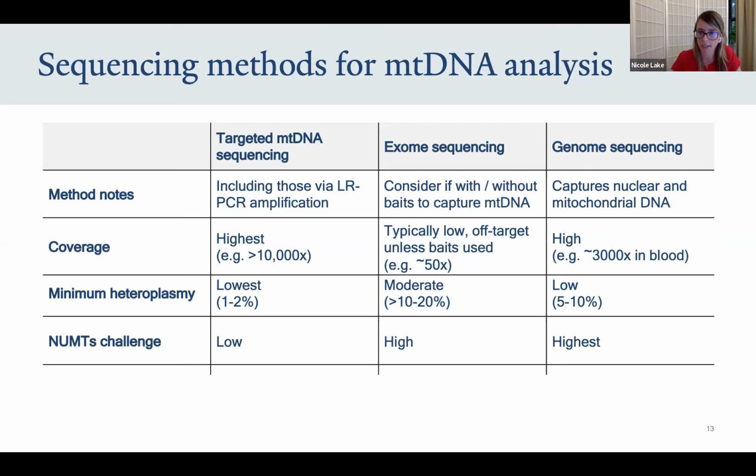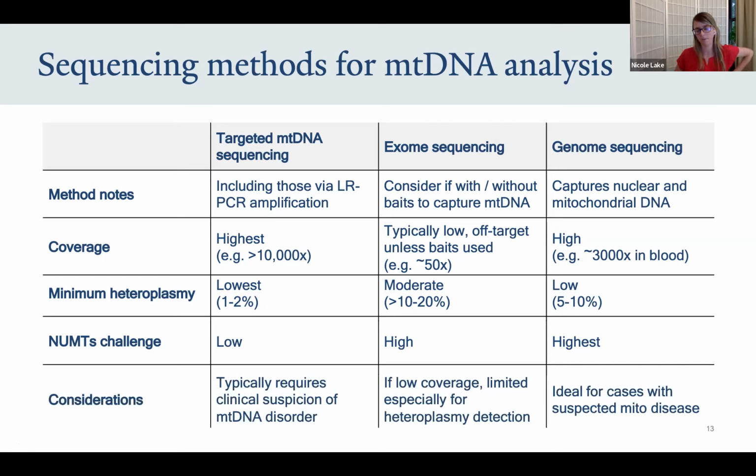If you recall, NUMTs can lead to false heteroplasmic calls, particularly at those low fractions when you're working with data that contains both nuclear and mitochondrial sequencing reads. So that also is a consideration. I think one benefit of going with a targeted mitochondrial sequencing approach is it helps minimize the NUMT challenge.